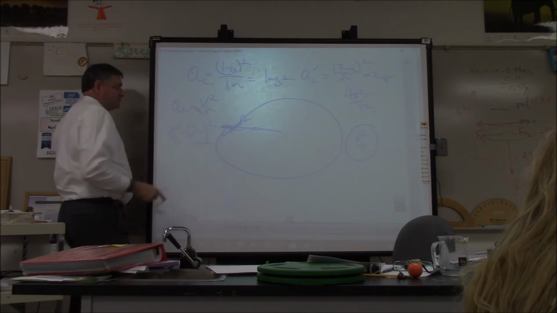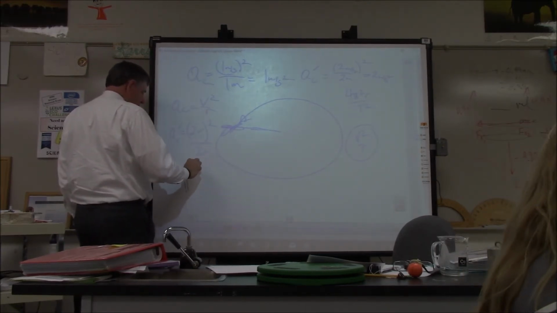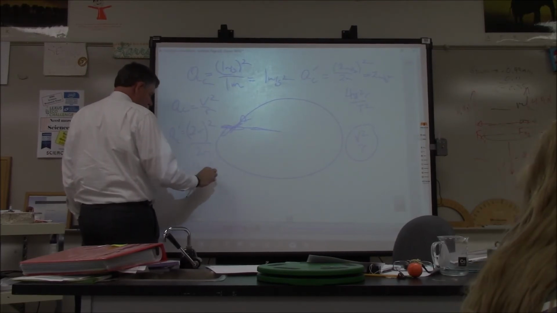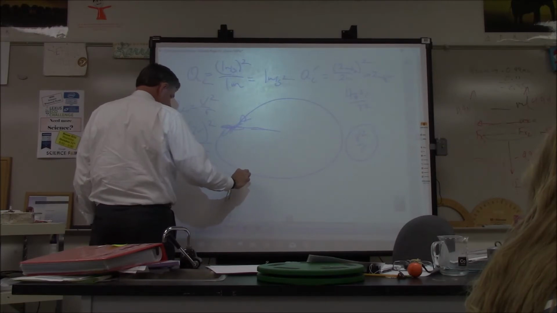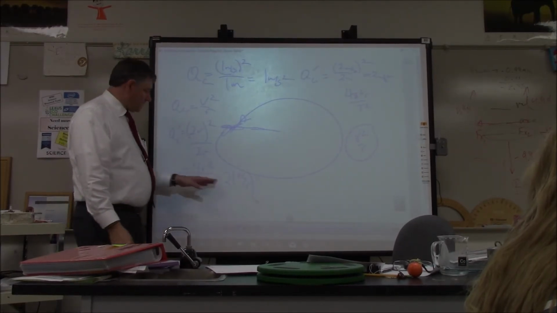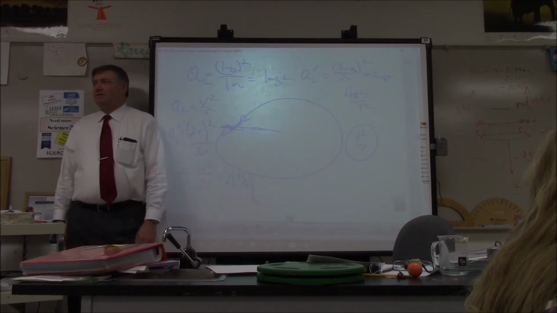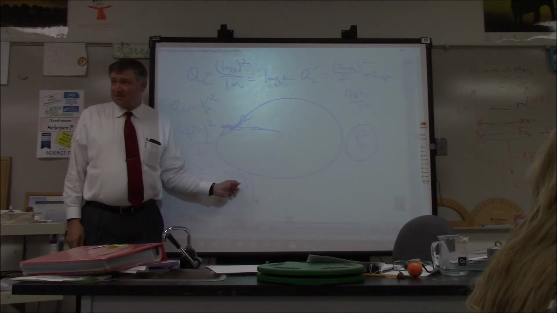And then what am I going to do with the radius? 2r. Okay? So I get 4v squared over 2r, which becomes 2 times v squared over r. So no matter what happens to your centripetal acceleration? It doubles. So this is the more elegant approach, and it's actually easier.